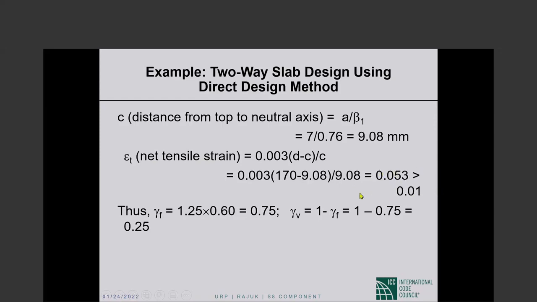We made it without any problems. So the 60% of gamma sub f, equal to 0.6, can be increased to gamma sub f of 0.75, and that will decrease the shear portion to 0.5 from 0.35.